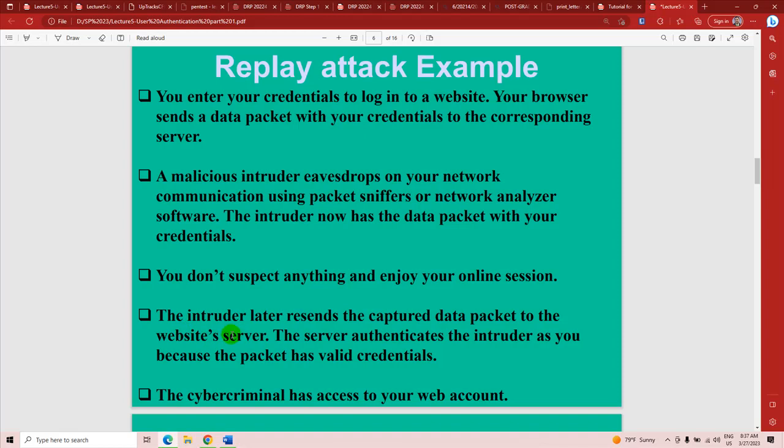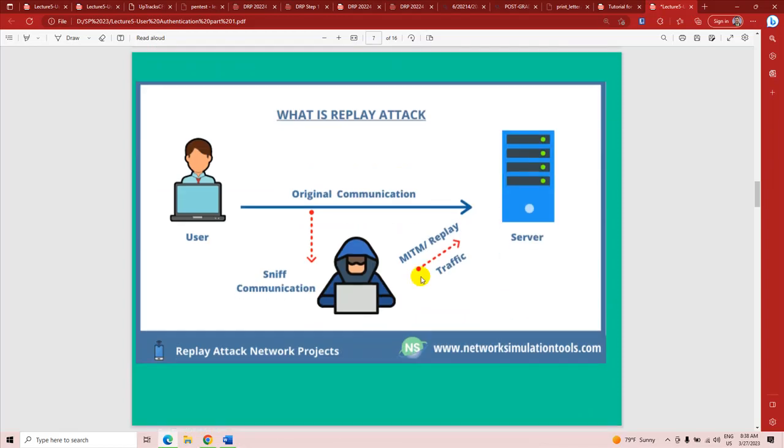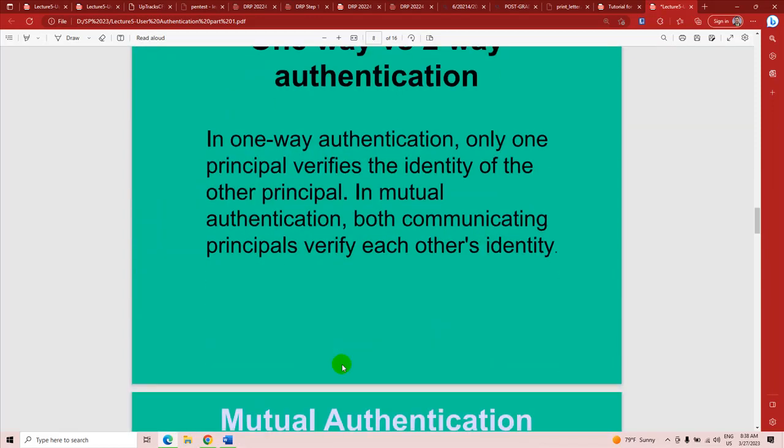After some time, the intruder uses the captured credentials and tries to log in to the server, and the server authenticates the attacker. The attacker can access the resources in the server, access the files, and misuse the data. This is called a replay attack. This is explained using the diagram.